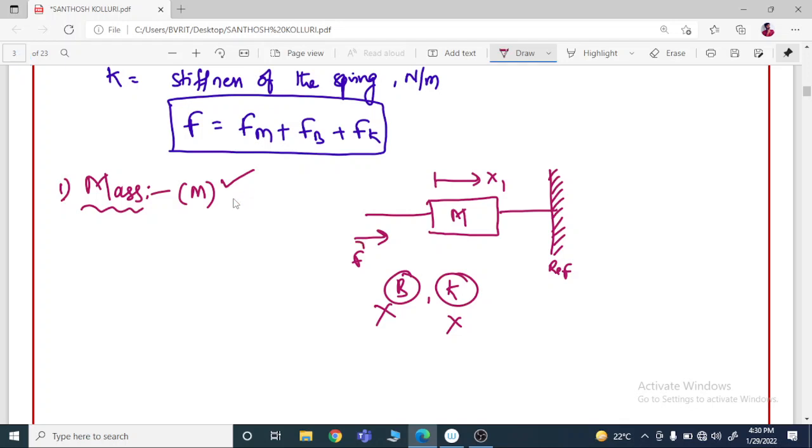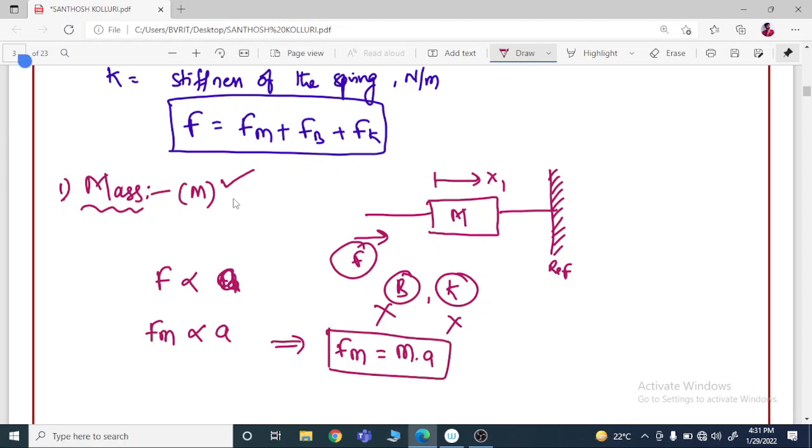Then when a force F is applied on the body, it undergoes a displacement x, and the applied force F is directly proportional to the acceleration of the body. Here I can take the applied force as the opposing force by the body. So the opposing force is directly proportional to the acceleration A. Therefore I can write F of M is equal to M into A, where M avoids the proportionality constant.